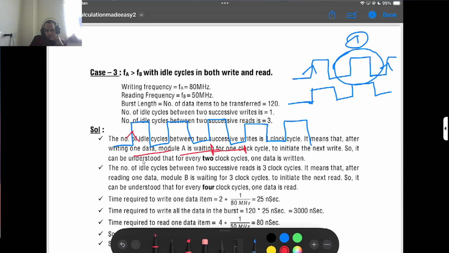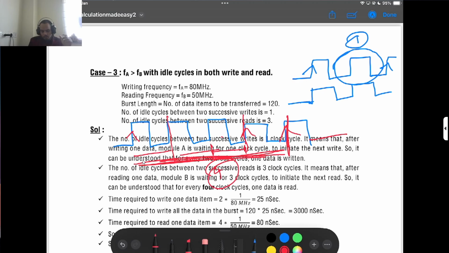So one, two, three, and here again three clock cycles: one, two, and three. So in total, three idle cycles plus one, four cycles are required for one read. That's the concept behind it.